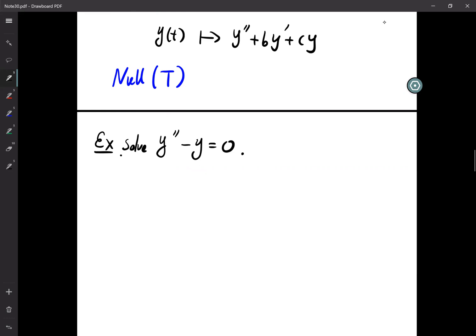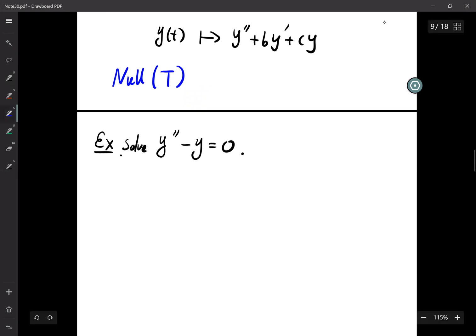But this is not quite reliable, you know. If you always rely on guesses, it makes you a little bit nervous, just like in the case of solving linear systems. If you always rely on guess, x must be 1, 2, minus 1, 5, maybe you're right, but you don't have a method to do it. Now we want to find a method to solve this.